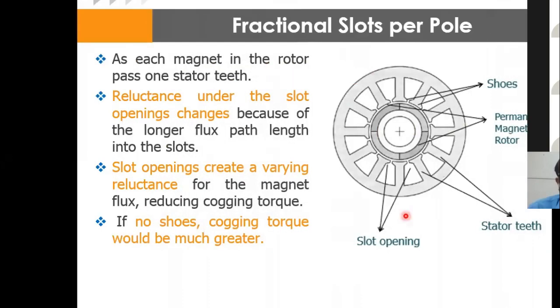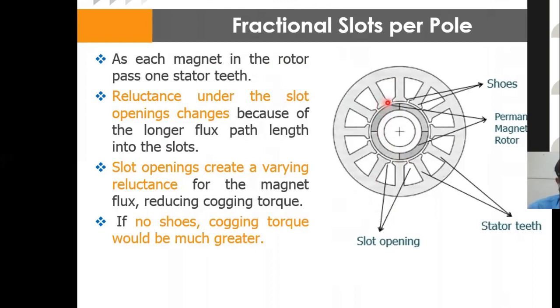So here, if you can see, as each magnet in the rotor passes one stator tooth, the reluctance under the slot opening changes because of the long flux path. Because of this long flux path, the reluctance is changing, and definitely that will create a cogging torque reduction. See, here you are giving a shoe, right?